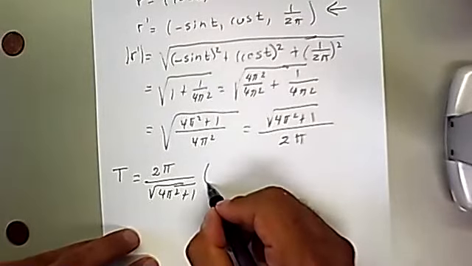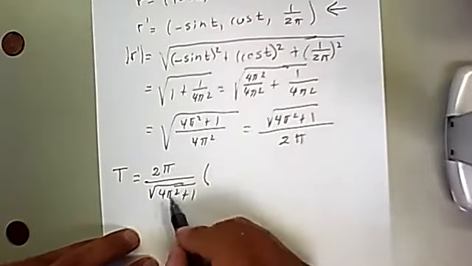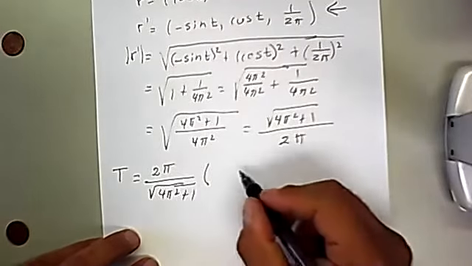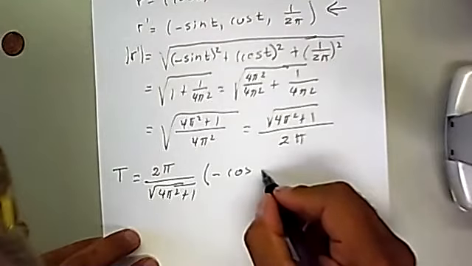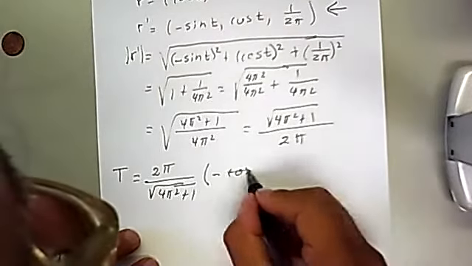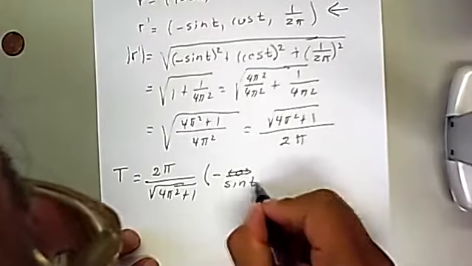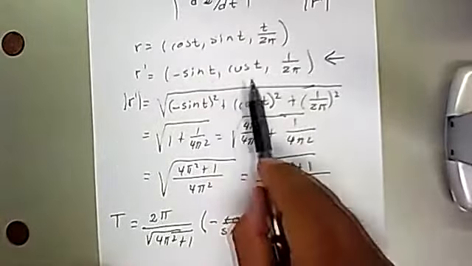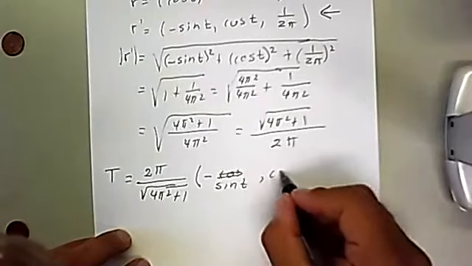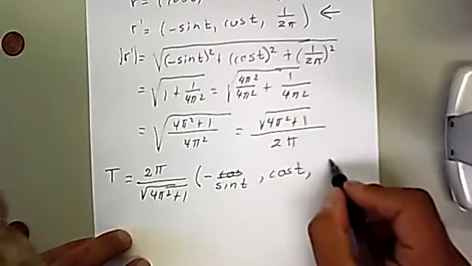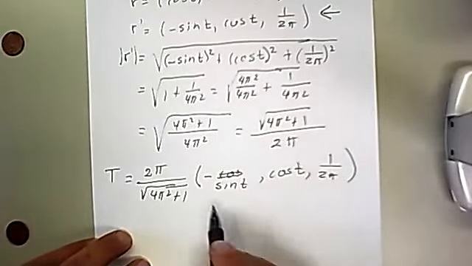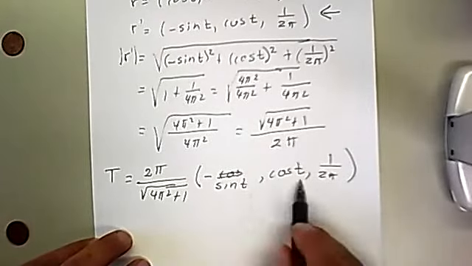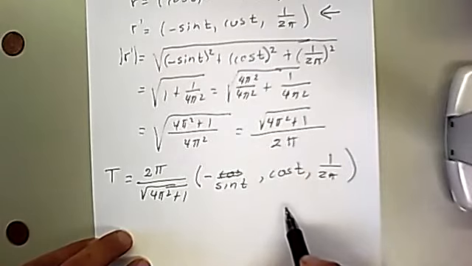This is a scalar, and this number is positive because pi is positive. So negative sine of t, cosine of t, and 1 over 2 pi. The numbers here may be positive or negative.